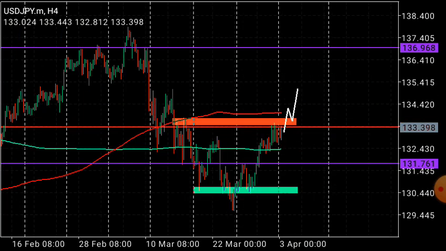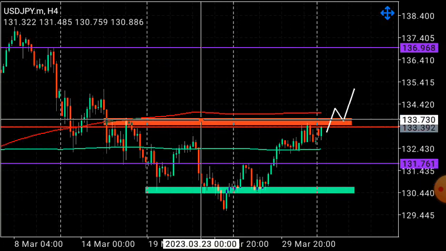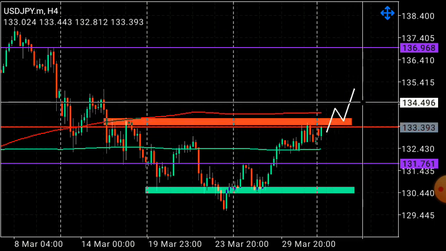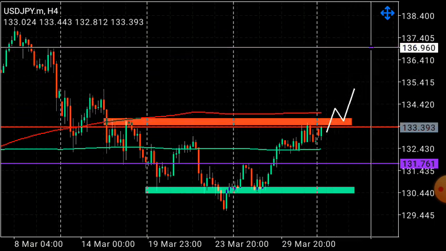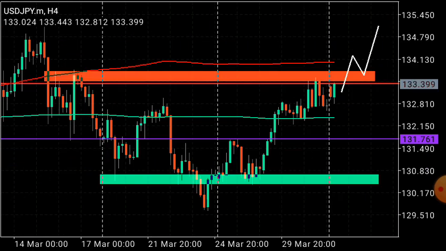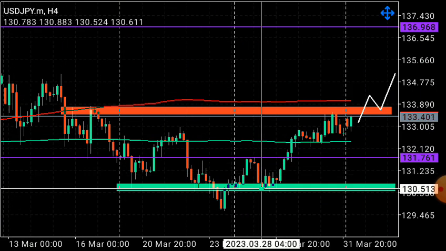So a break out of this zone will result in an impulse, a pullback, and an impulse continuation of the uptrend, targeting 13.939. So this is what I'm anticipating on the USDJPY, guys, for this upcoming week of NFP.